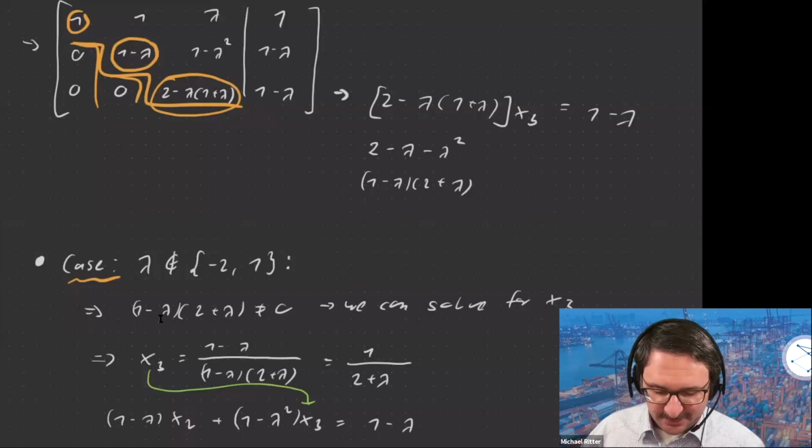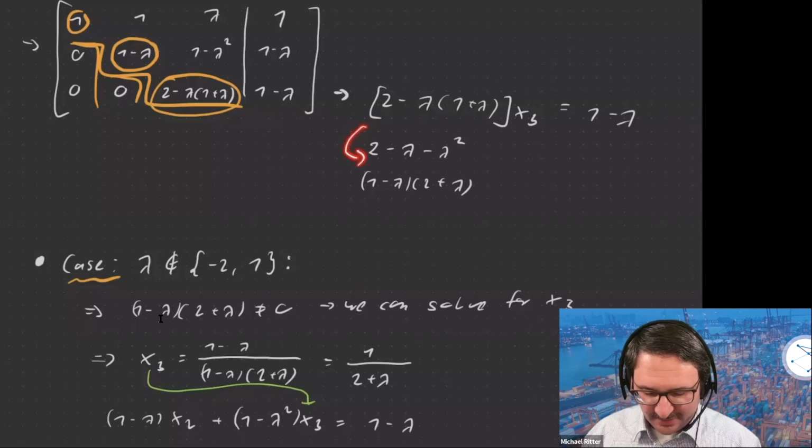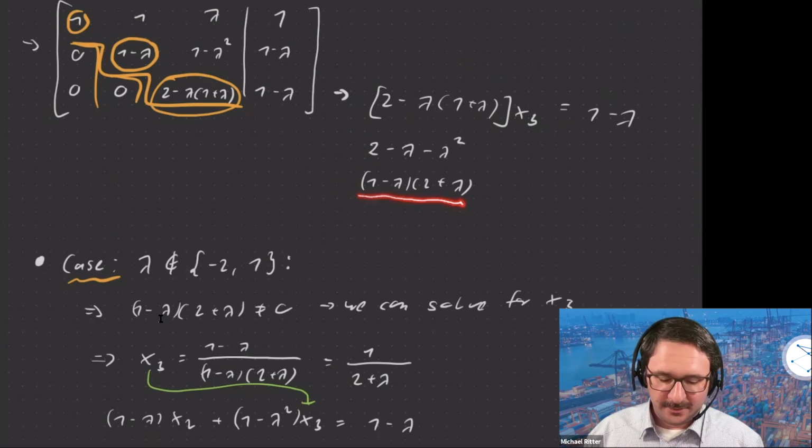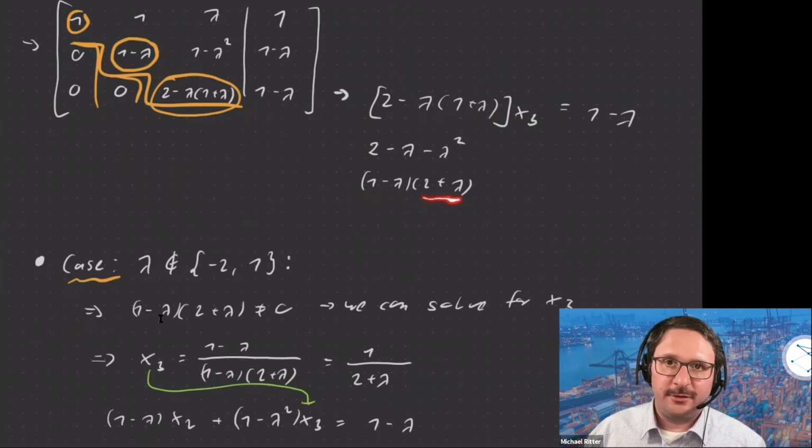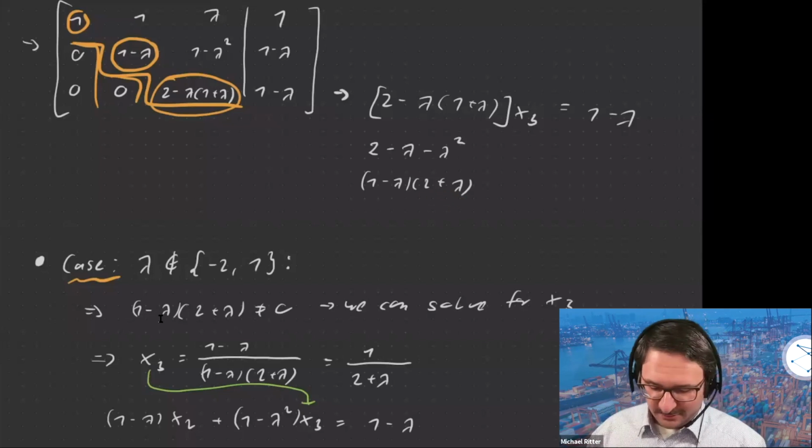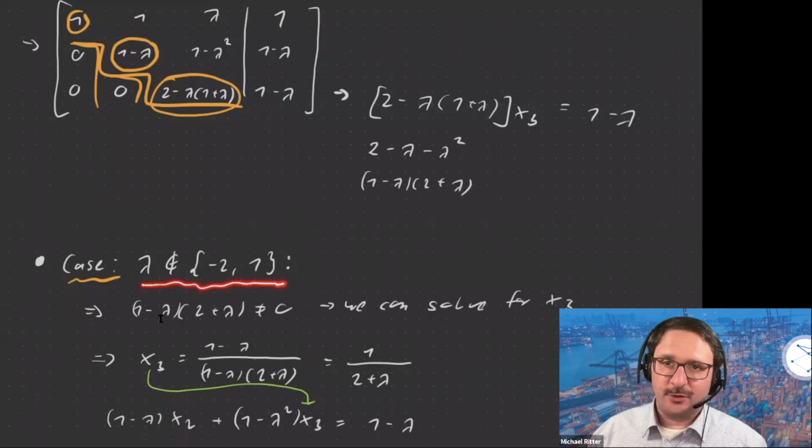And we do this by simplifying a little. That's what happens here and then here. So this is the same expression. And here you can easily see what the roots are. So this part becomes 0 if lambda is 1. This becomes 0 if lambda is -2. So for all other values, lambda not equal to -2 or 1, we can divide by that expression. That's the first case.